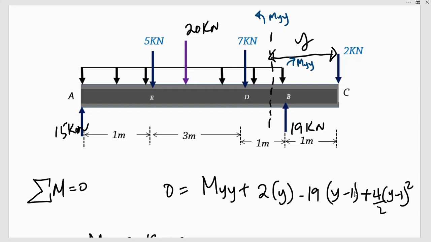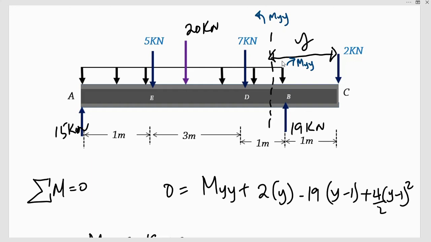Then plus, we see that also the uniformly distributed load is of magnitude 4 kilonewton per meter. So since the distance is Y minus 1, the total load will be 4 into Y minus 1.